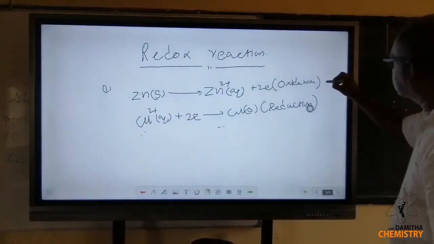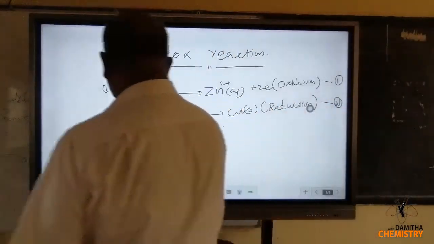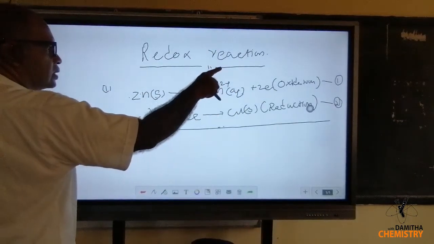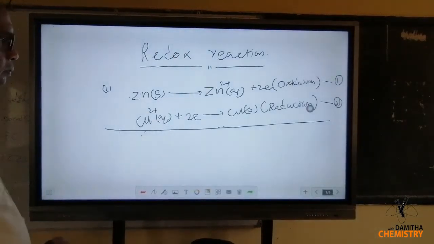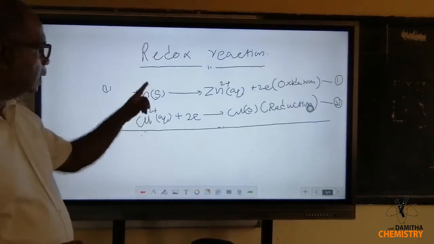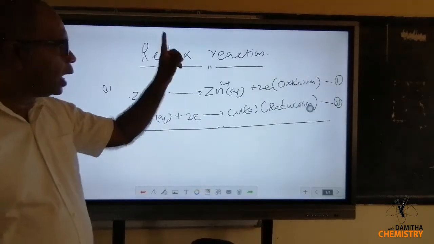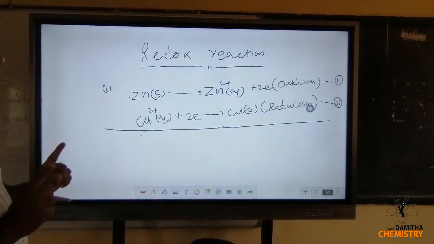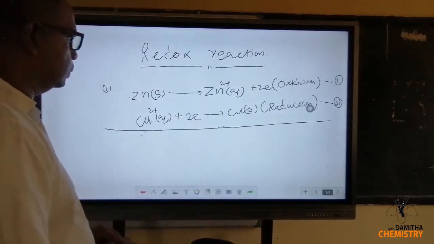The first equation is named 1, the second equation is named 2. Now, the oxidation half reaction and the reduction half reaction are added together by cancelling electrons.